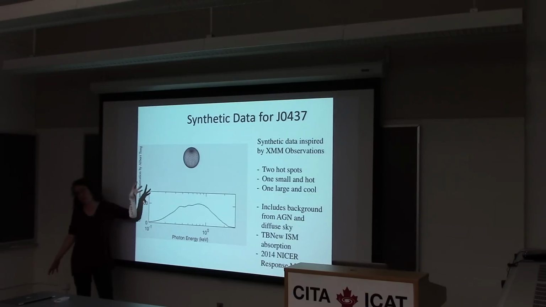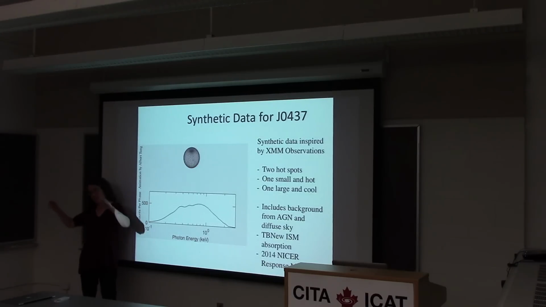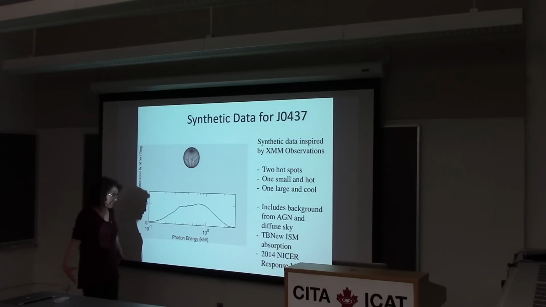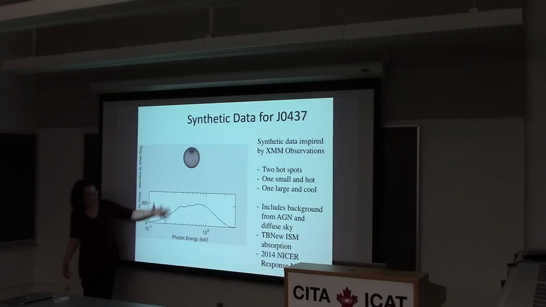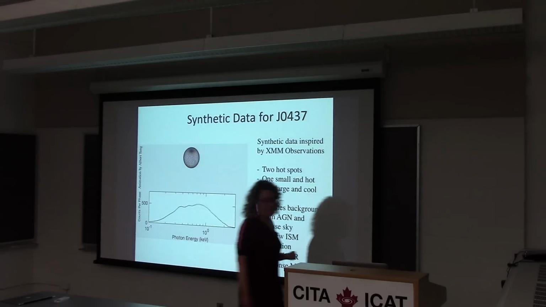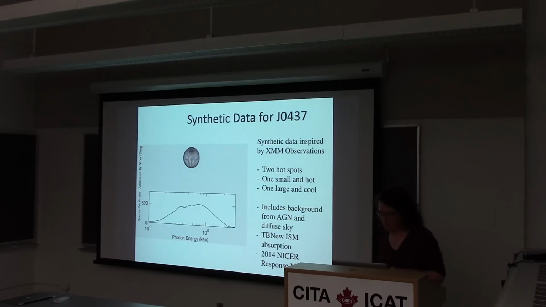That's basically what we're trying to do: come up with a set of parameters that describes the rotating neutron star, so that we can fit the spectrum at every phase of the neutron star as it rotates. This is the basic picture. This is just a synthetic guess that gives something like some old data.